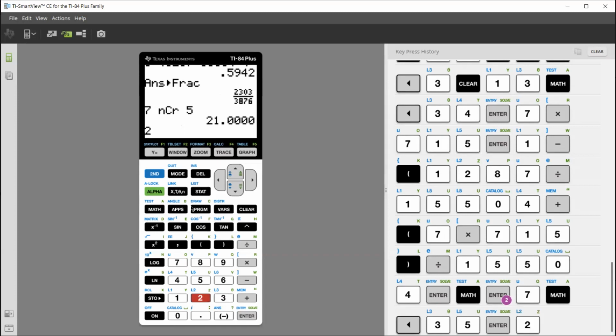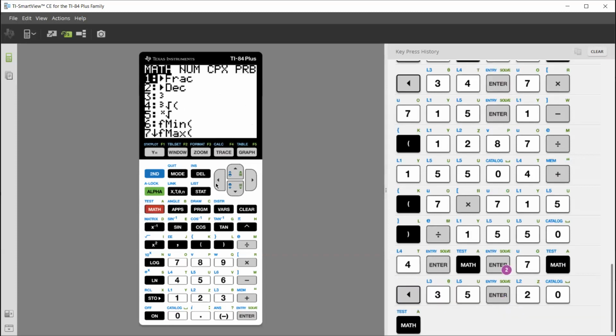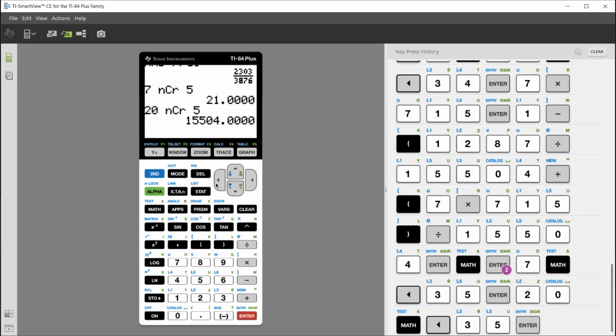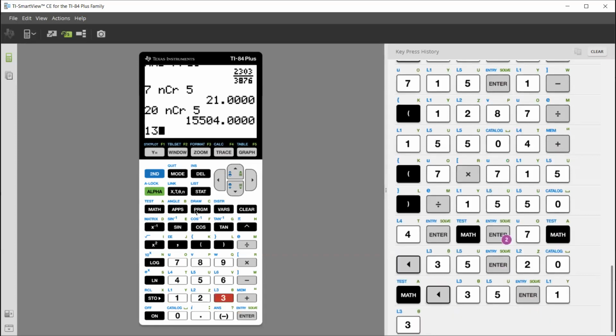And 20 choose 5 is 15,504. And remember, 13 choose 0 is just 1.